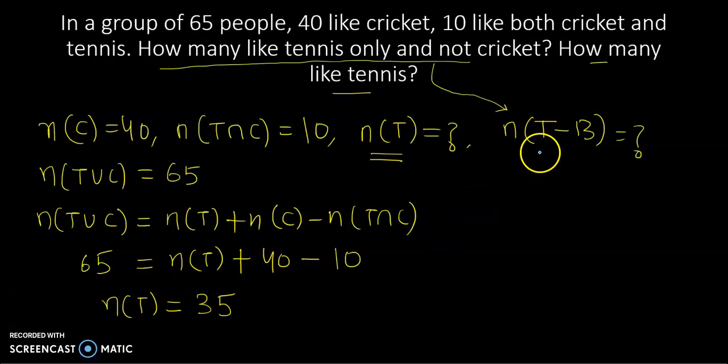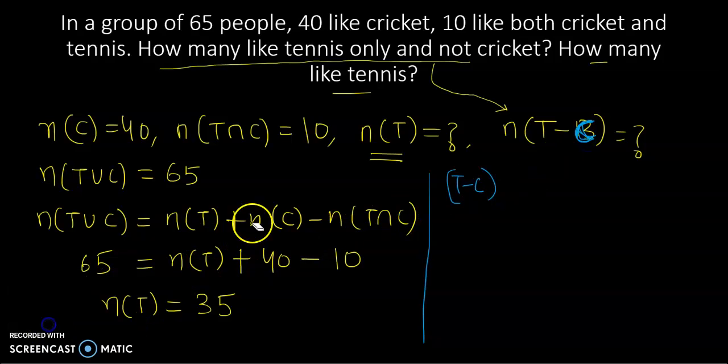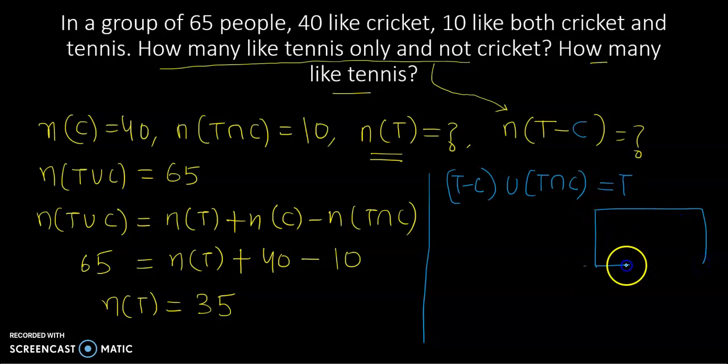Let me see another portion. Number of people who like tennis but not cricket. So I'll use a particular result which has been discussed earlier also. That T minus C, okay, this is C, this is not B, my correction. So again, I just have to make a correction. I'll just clear it and rewrite it. The union of T minus C and T intersection C is going to be T. You can see it from the Venn diagram here, pretty simple.